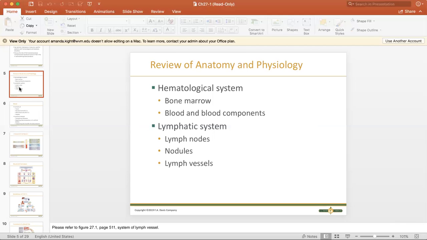Lymph nodes are wonderful. They're all over your body. Some are palpable and you can feel them, like the ones in your neck, the groin area, and under the armpit. You can feel your lymph nodes if they're swollen and your body's trying to fight something.